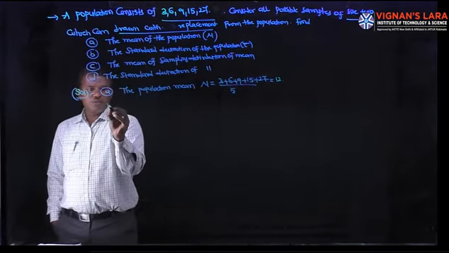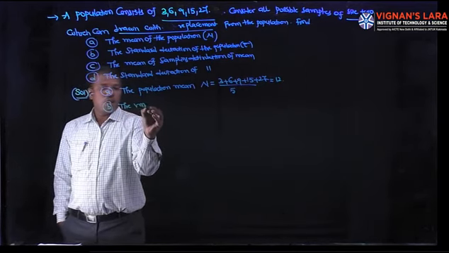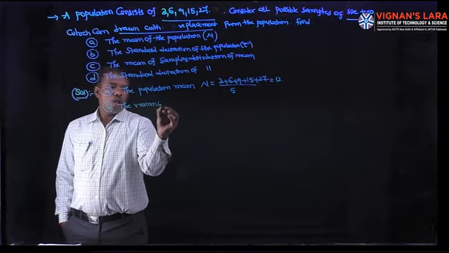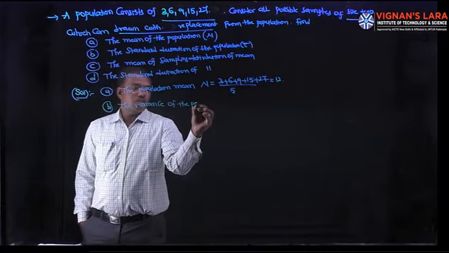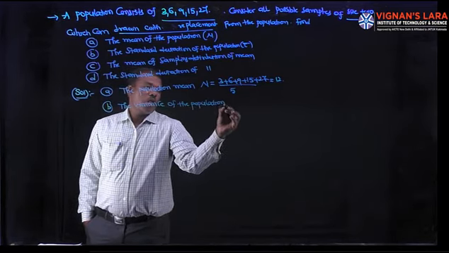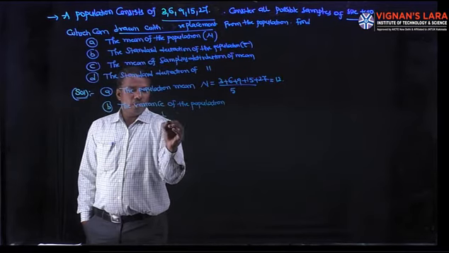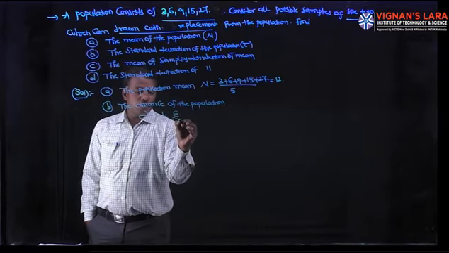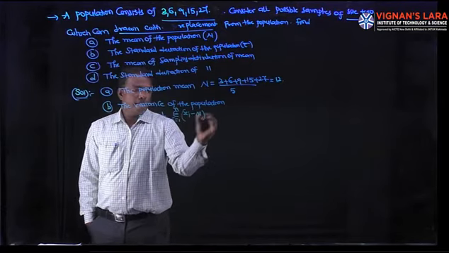Then the B bit, the variance of the population. Sigma square is, by the formula, 1 by n, sigma i equal to 1 to n, (xi minus mu) whole square.